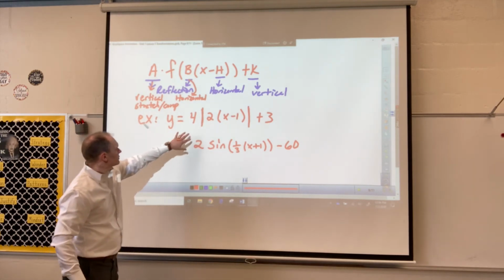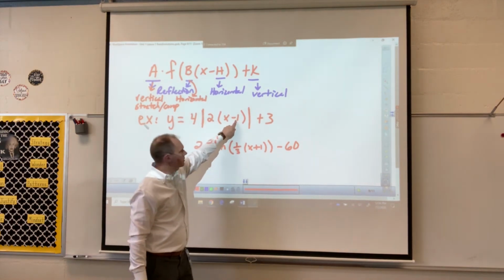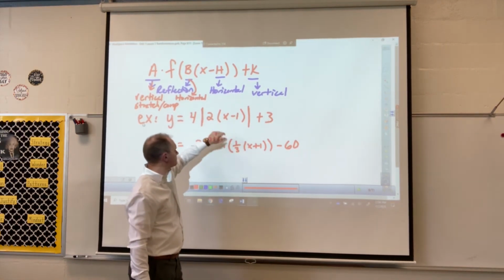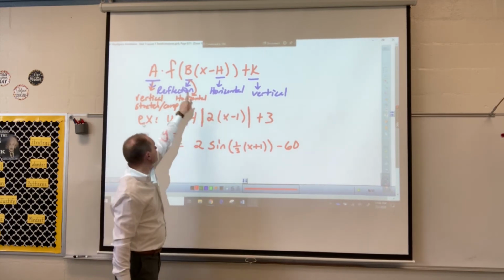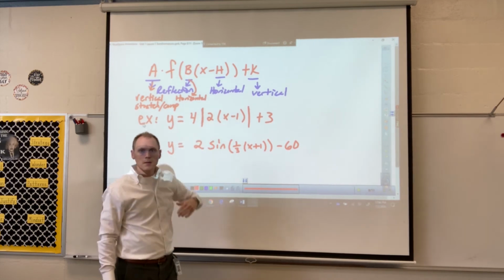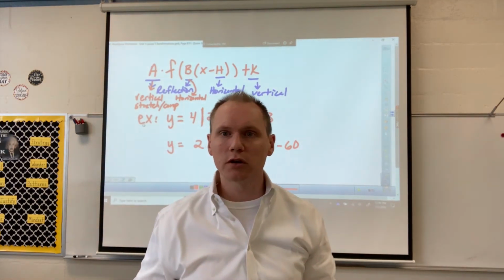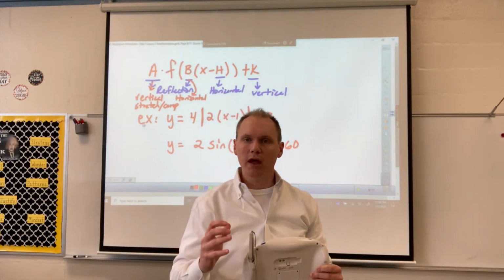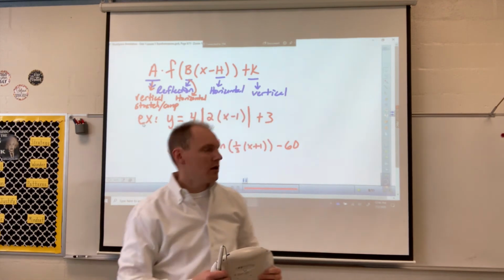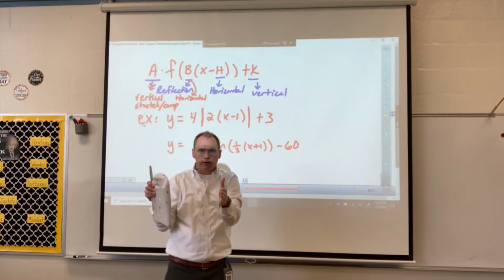Let's look at these two functions. So shifting to the right 1 and up 3, but this graph is actually going to be compressed horizontally. So remember this, the B value, this is the 2 right here. Since we're having to undo things like we do with the horizontal translation, a positive 2 is actually going to compress things by a factor of 2.